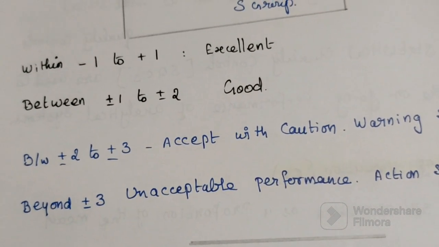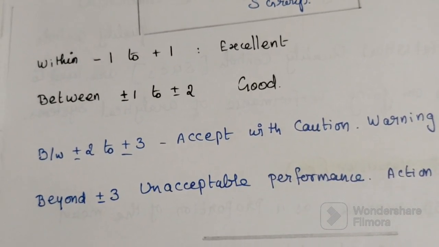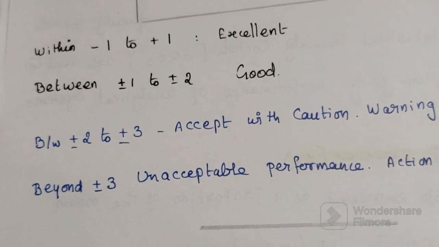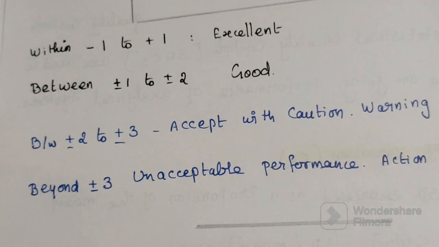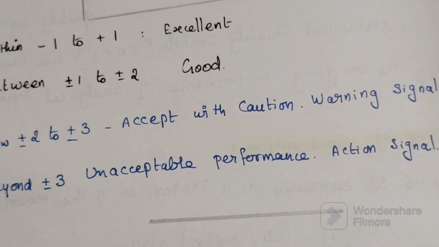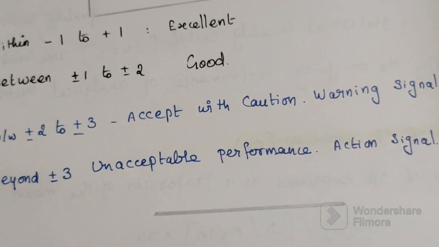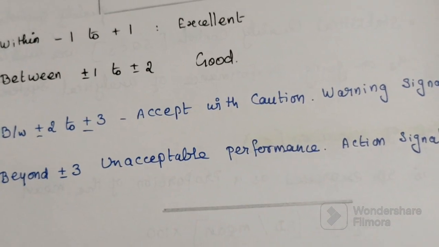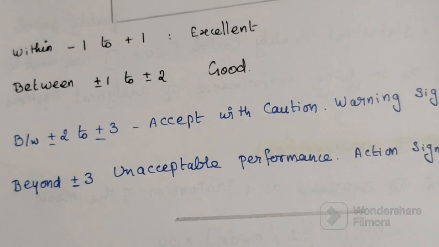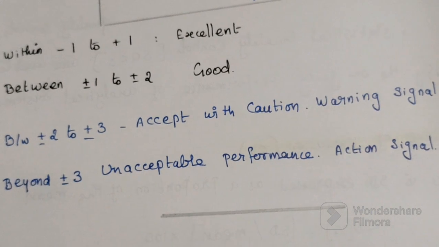For any particular analyte, if the SDI is beyond plus or minus 3, the performance for that analyte is unacceptable, and it is a signal that we have to reject all runs. We have to take corrective measures for our internal quality control strategies.